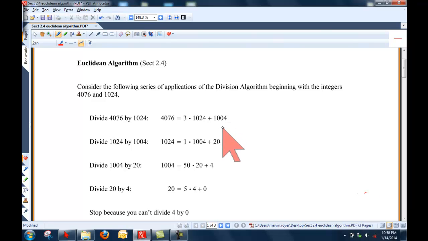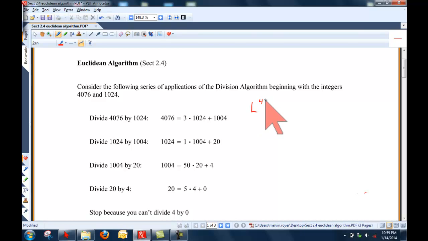I have integers 4076 and 1024, and I'm going to use the division algorithm repeatedly here. Since 4076 is the larger of the two, I'll take 4076 and divide it by 1024, as shown. And by the way, the computations here are easily done.